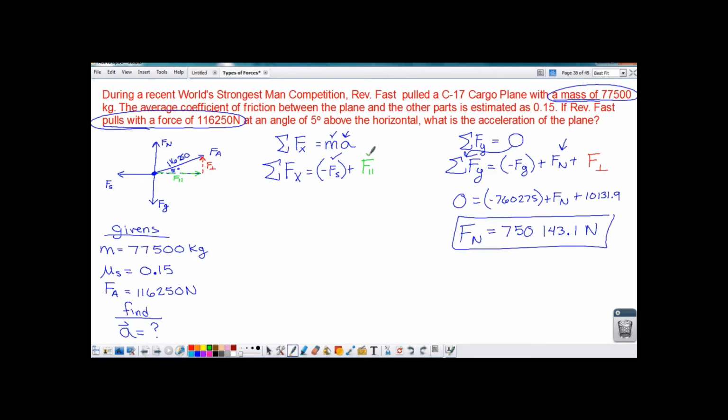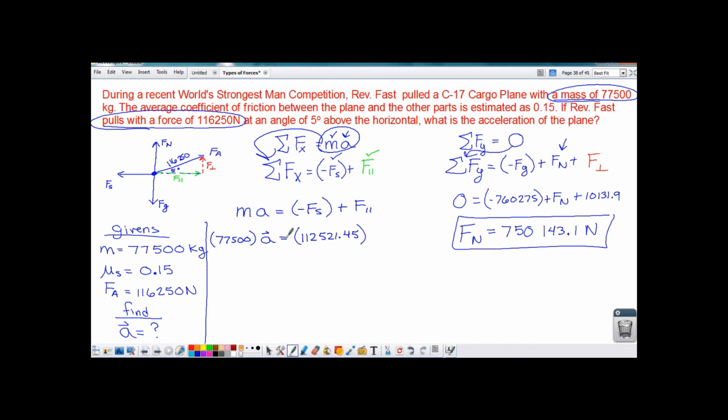And now I can substitute that in on the other page. So I have mass times acceleration equals the static friction plus the parallel component. The mass is 77,500 kilograms. Acceleration is what we're trying to find. The force of static friction is what we found, 112,521.45 newtons.